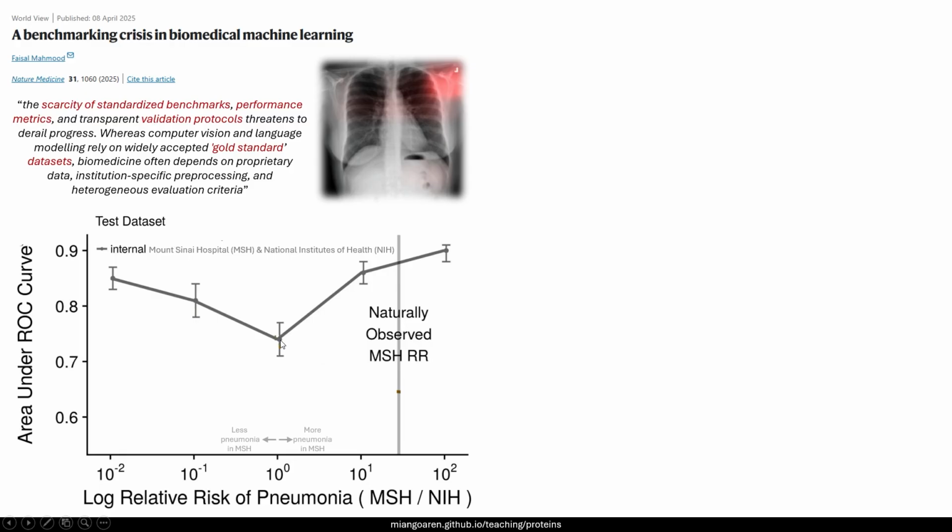And similarly, when we go to the highest prevalence at the MSH hospital, we once again find that the capacity of the classifier to detect cases effectively increases. Even here the authors give us a gray bar showing the real distribution observed in the data that they used to train their classifiers.